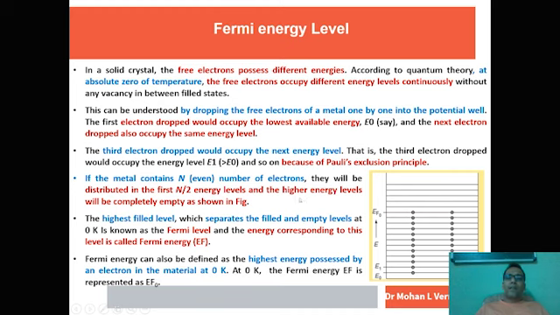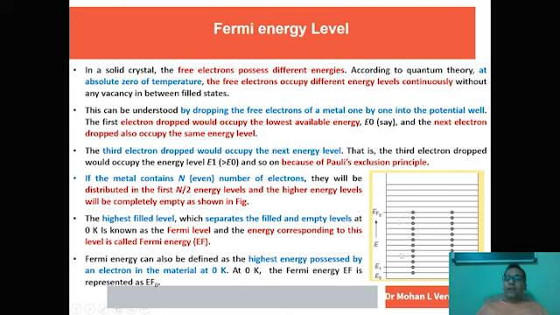2 energy levels. Let's say 1, 2, 3, 4, 5, 6, 7, 8, 9, 10, 11, 12. So we have 24 electrons, and these 24 electrons are distributed in 12 energy levels, and the highest energy level that is filled at 0 Kelvin is known as the Fermi level. So the highest filled level separates the filled and empty levels.